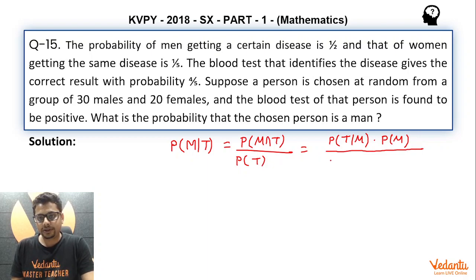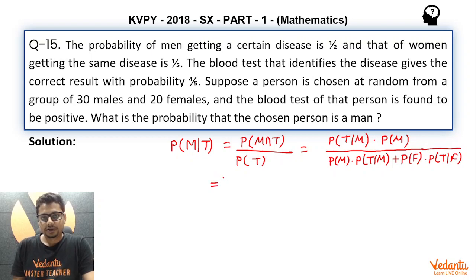Using the total probability theorem, you may say the probability that the person is male multiplied by the probability that the test is positive given that the person is male, plus the probability that the person is female multiplied by the probability that the test is positive given that the person is female. So this is what we want. So what does it turn out to be?